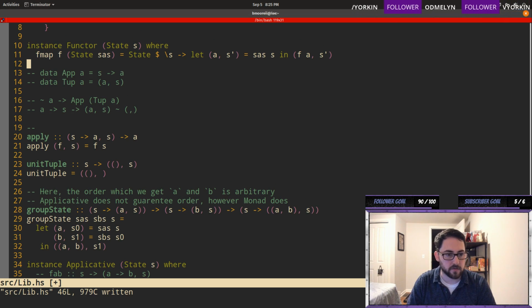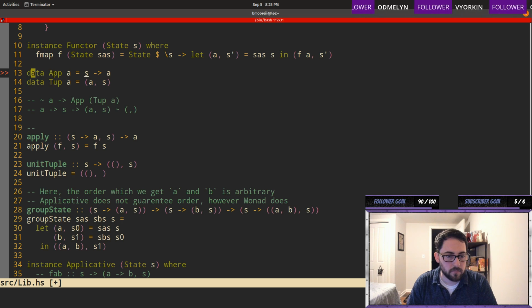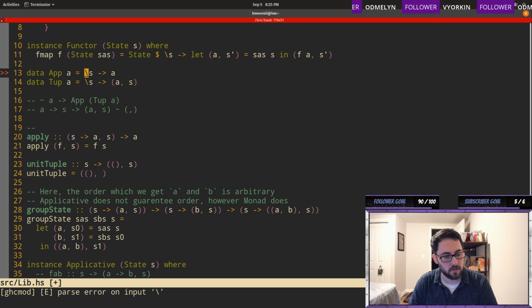Actually, we probably need these in scope, don't we? These need to be this, right? Wait, I can't do that. What am I doing here?